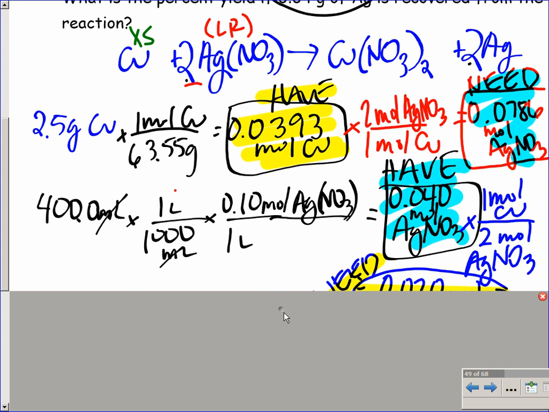Take the difference. And you got 0.19339. I'm sorry. Yeah. Was your limiting reagent the silver nitrate? 153, yes. And then percent yield. One more. So excess copper.